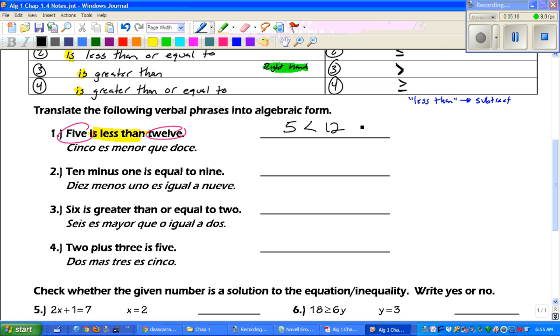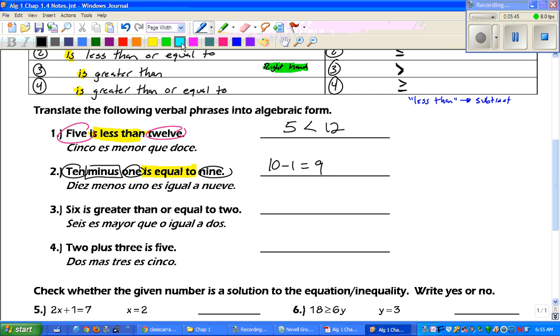When we do this, we are going to be having all true statements. Let's look at number 2. We have 10 minus 1 is equal to 9. So 10 minus 1 is equal to 9.